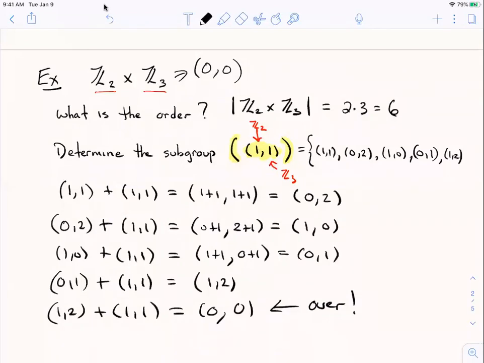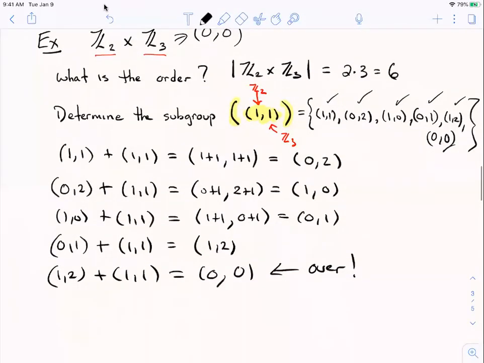I'm sorry, I have to squeeze it in here. And if you count them up, that's 1, 2, 3, 4, 5, 6. That's the whole group. So the subgroup generated by 1, 1 turns out to be everything, Z2 cross Z3. Cool. So that element 1, 1 generated the whole group.